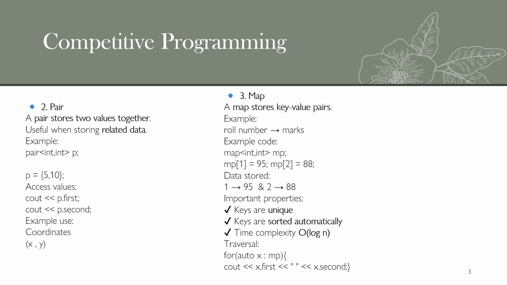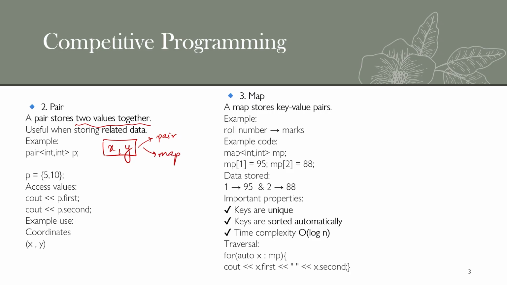Next, we have pair. A pair stores two values together. It is useful when storing related data. Example, pair<int, int> p. Let's suppose you want to store the x and y coordinates in mathematics. How will you do that in coding? It can be done either using pair or using map.